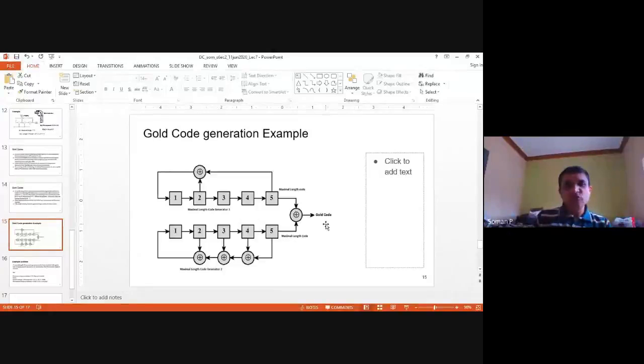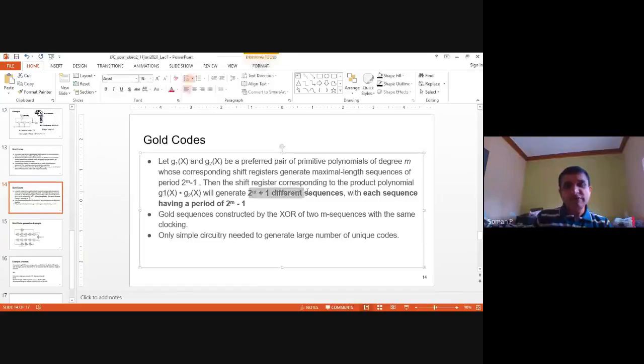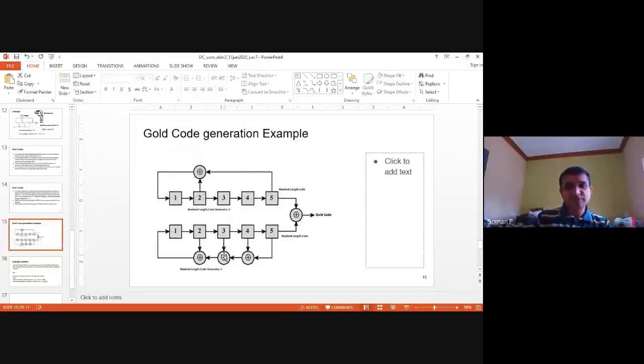The length of the Gold code again will be 2 raised to n minus 1, with n flip-flops. Here 2 raised to 5 minus 1, that is 31. 2 raised to 5 is 32, minus 1 is 31. But what is interesting here is that you will get 2 raised to m plus 1 different sequences by just this arrangement.